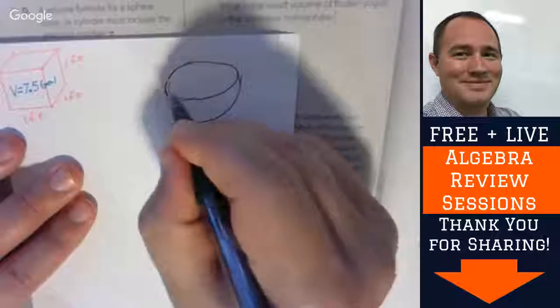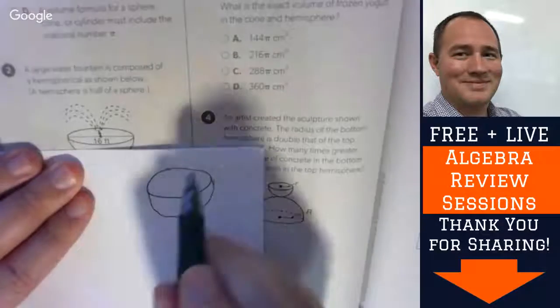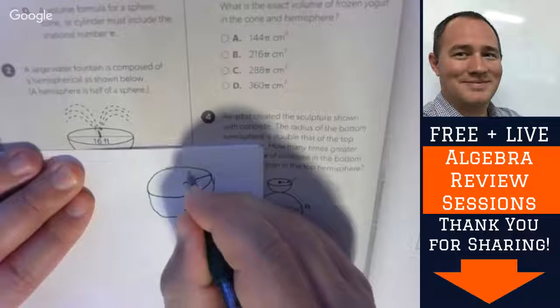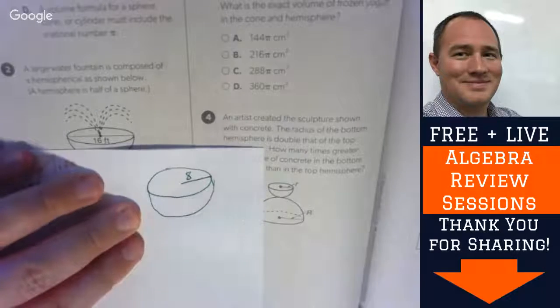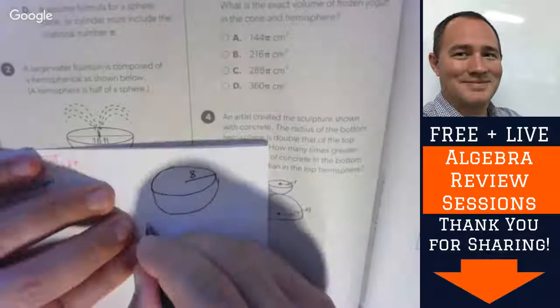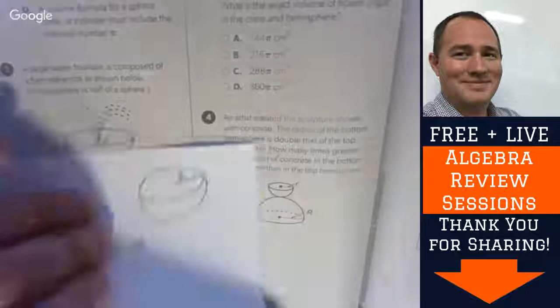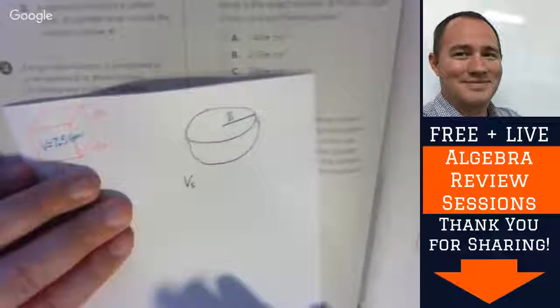If the entire distance is 16 feet, the radius would be 8. The volume of a sphere, as we can see back here, is 4/3 pi r cubed.